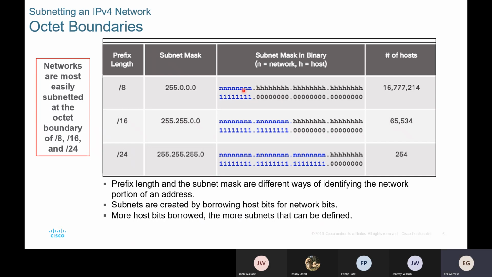This is what we do when we create subnets. For example, I can borrow 1 bit and change it from an H to an N, or I can borrow 2 bits, or 3 bits, 4, 5, 6. It depends on how many subnets I want to create and the size of each subnet.